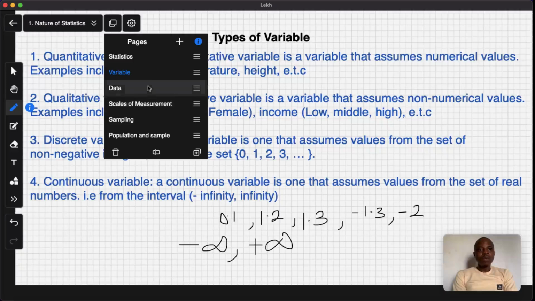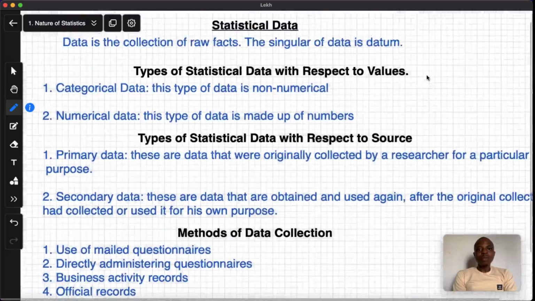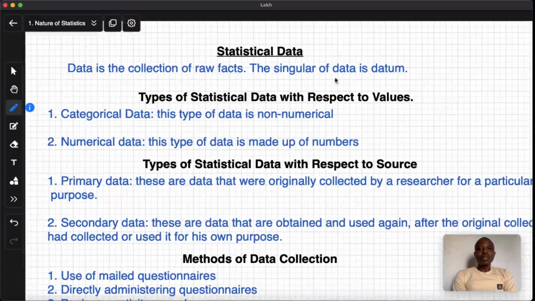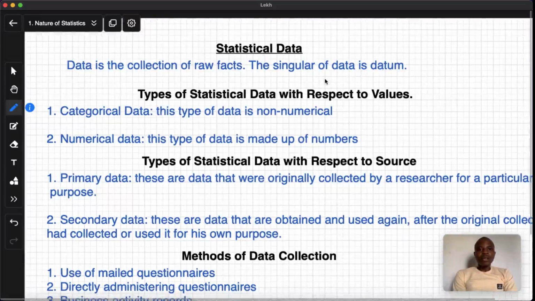Going on, what is data in statistics? That's what I refer to as statistical data. Data is the collection of raw facts, and the singular of data is datum. All right, types of statistical data with respect to values. Number one, we can have the categorical data. This means your data set has variables that can assume non-numerical values.